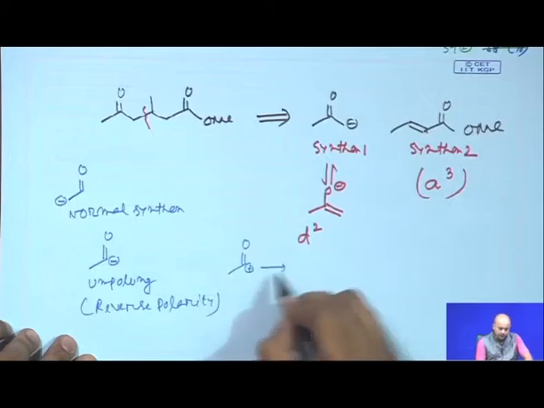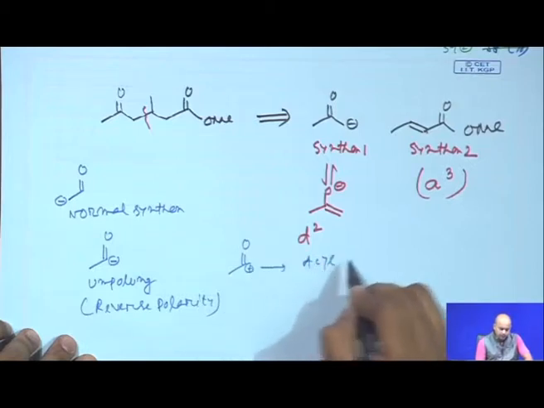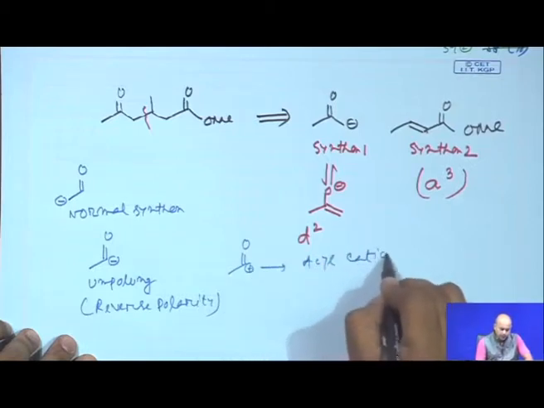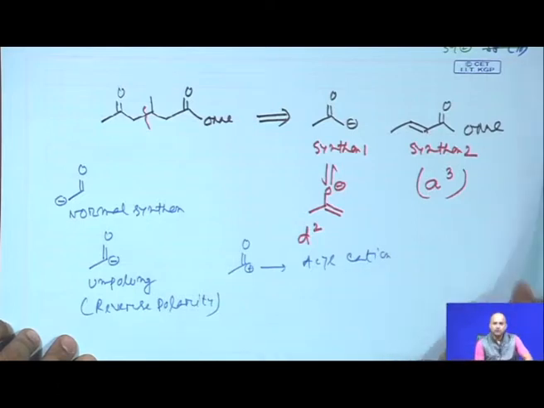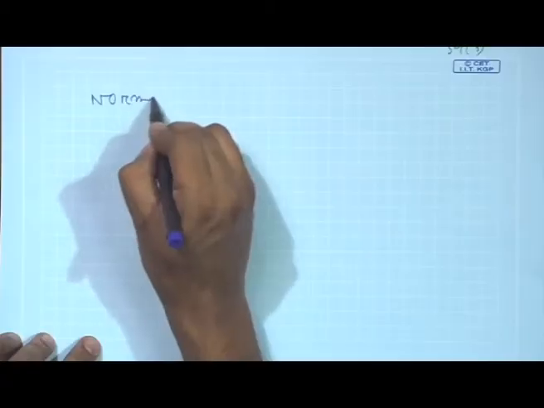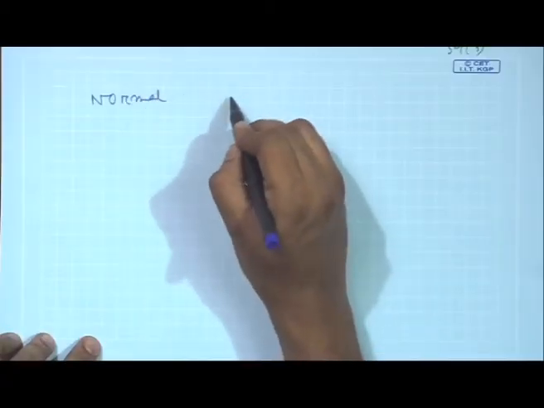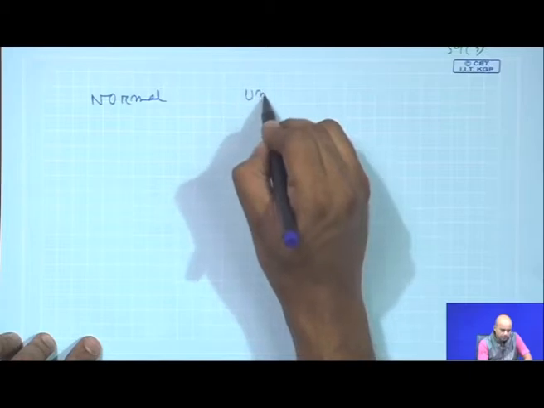And this is your acyl cation, which you probably came across earlier in the Friedel-Crafts reaction. In this way you can categorize several synthons as normal and umpolung synthons.